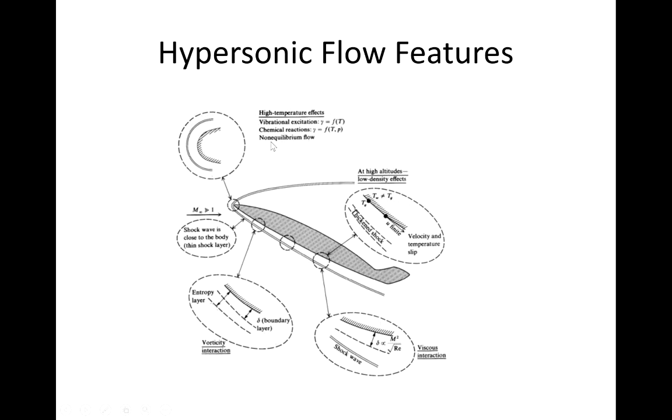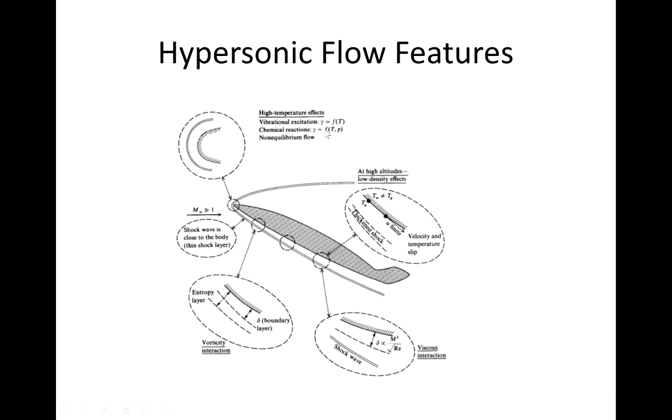The word non-equilibrium flow means the time rate over which these changes occur may be the same as the time rate for the flow to go from point A to point B, in which case the time scale associated with the flow is the same as the time scale it takes for the gases to dissociate and ionize and so forth.